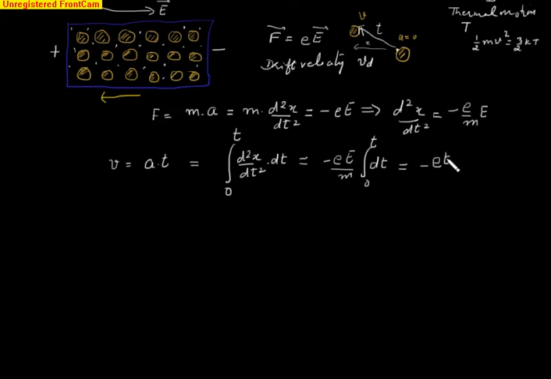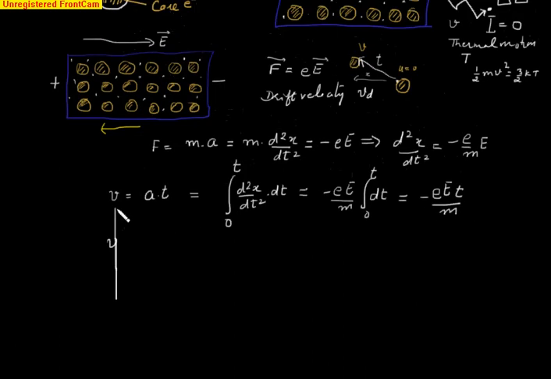Therefore the velocity is minus electric charge multiplied by electric field into t divided by m. This is the velocity acquired by the electron between two successive collisions.